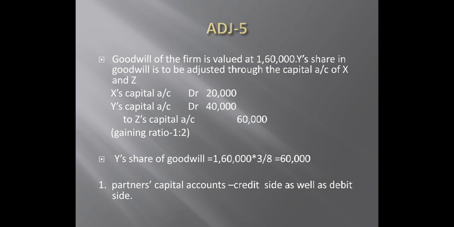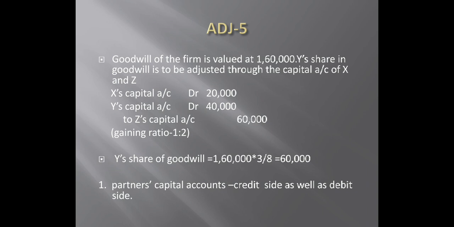This is how the posting of this journal entry works. See, as per the rules of posting, Z has been credited, so in the process of posting it is to be written on debit side. We have written it on debit side, and the amount is to be written in the columns other than the column of Z.